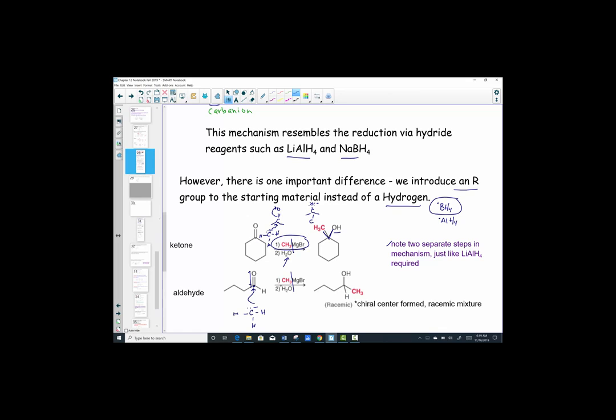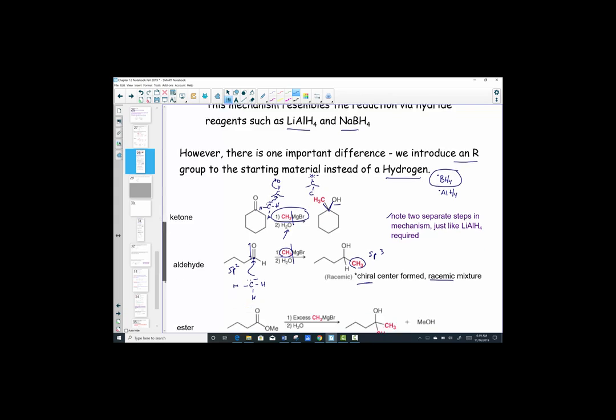And at the end, because the Grignard reagent contained a methyl group, we've added on a new methyl group. And remember, because this is sp2 ending up to be sp3, we created a new chiral center. So remember that we'd have a racemic mixture. Both enantiomers would form.